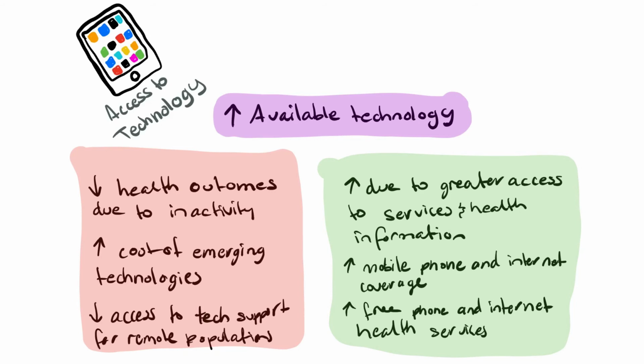Now, another aspect for rural and remote populations is the decreased access to technological support for these populations. And so not only are they not necessarily able to access the latest and greatest technology, they're not able to access help desks or Apple help to try and get these devices fixed.